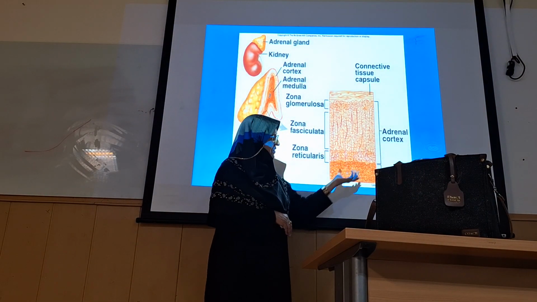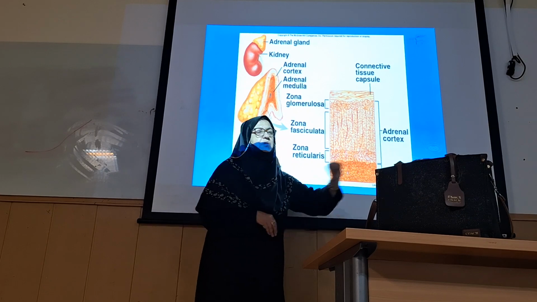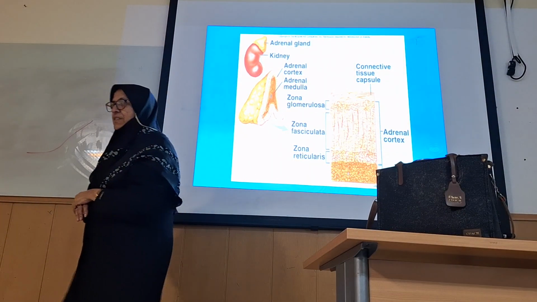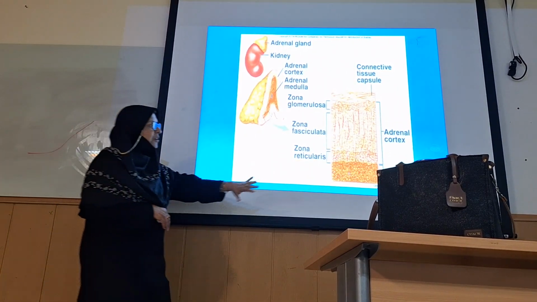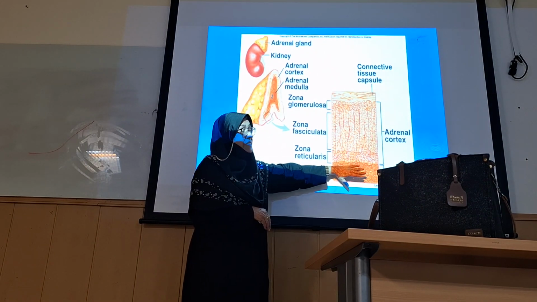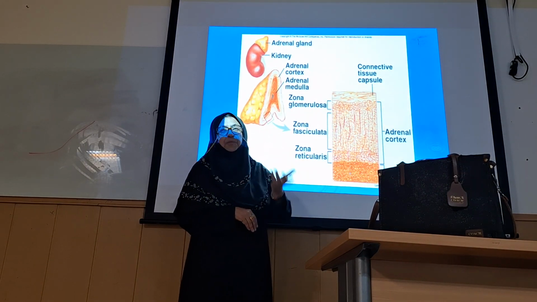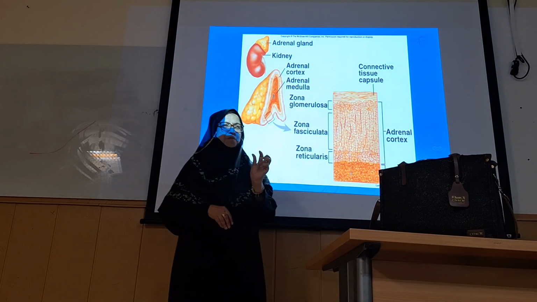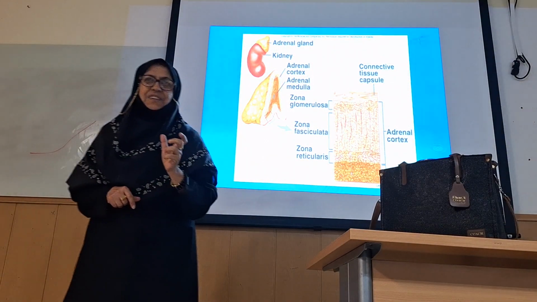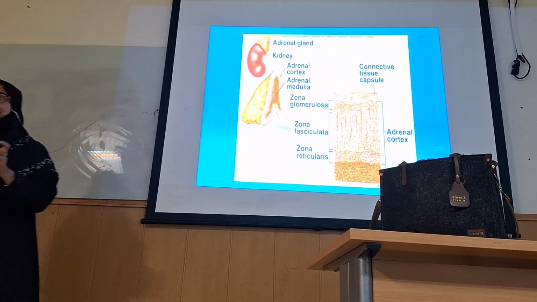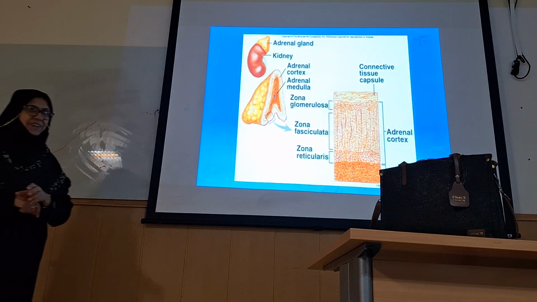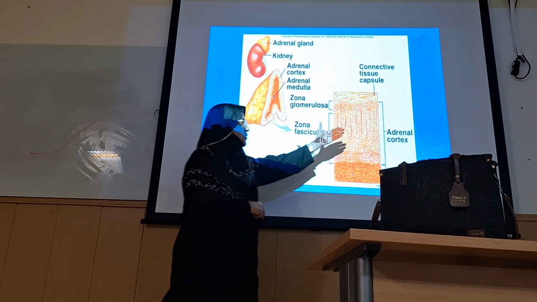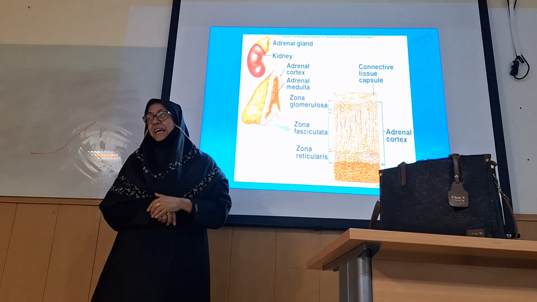Nearly 20% is adrenal medulla. The adrenal medulla secretes norepinephrine and epinephrine. In our body, the adrenal medulla is similar to a sympathetic ganglion. But the adrenal cortex is very, very important.